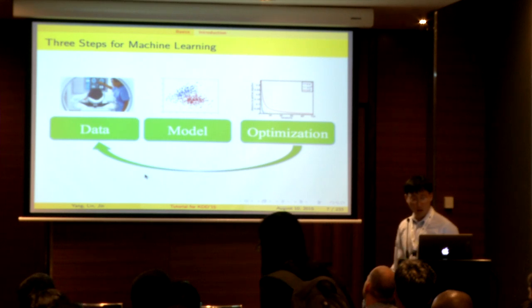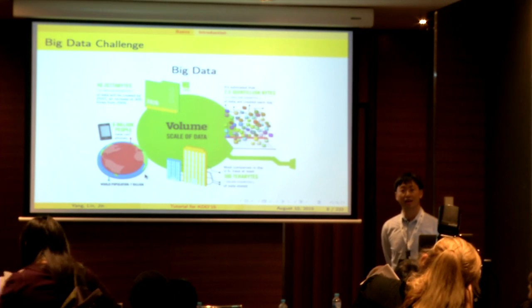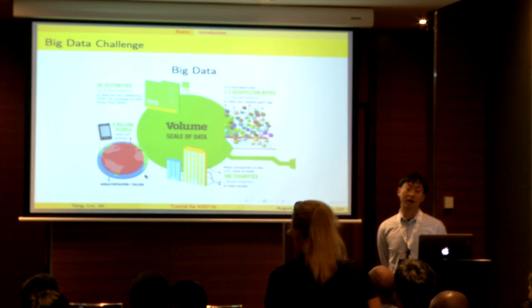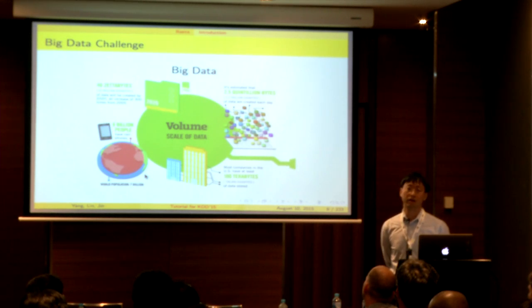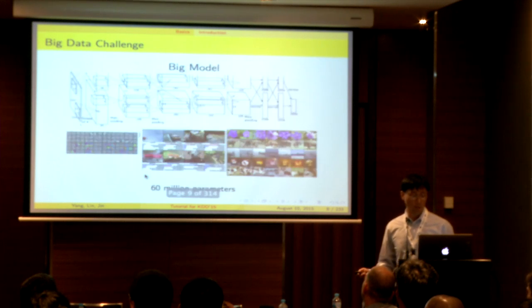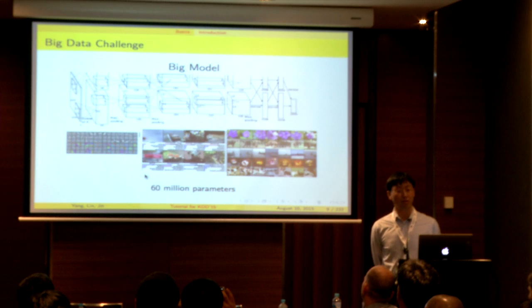And nowadays, we have the big data challenge. Huge amounts of data are generated every day. Big data refers not only to the size, the number of training examples, but also to high dimension, a large number of features. In the meantime, when we have big data, we want to increase our model to have a better model.